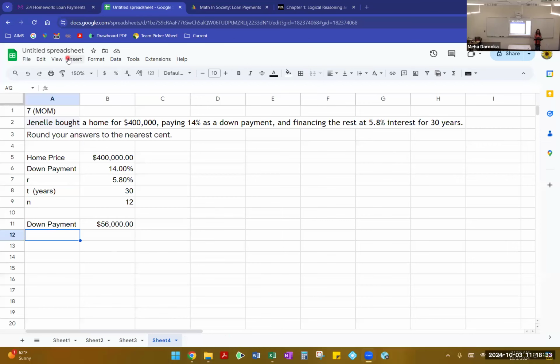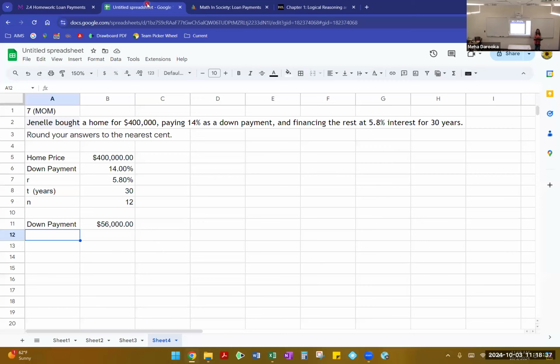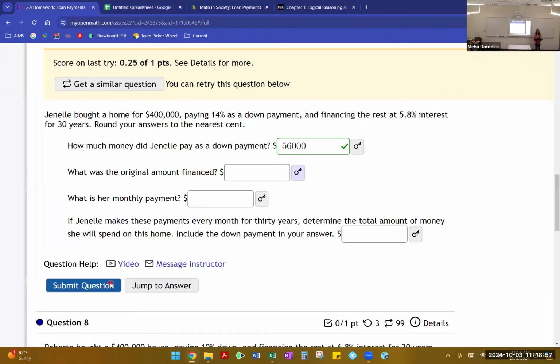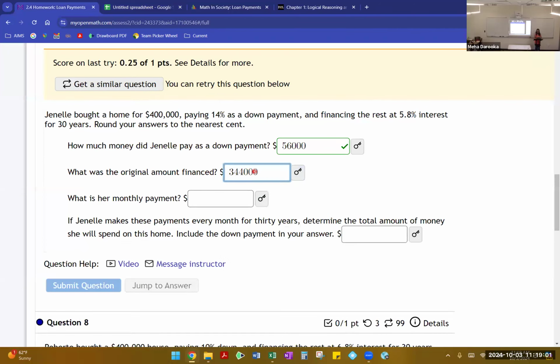So the amount financed will be the 400, which is the value of the home, minus the down payment that Janelle has made. So that means you are only going to be borrowing $344,000. All right, that looks good.